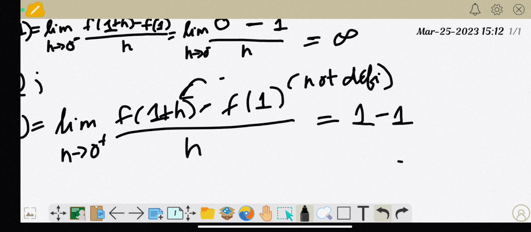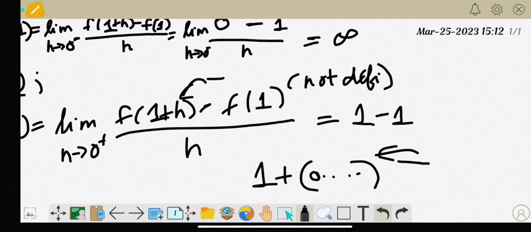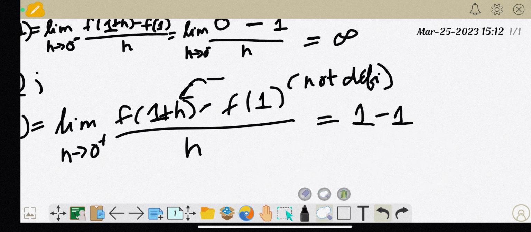So here it will remain as 1 itself. 1 plus h is a minute value, 0 point something, approaching from the right, a positive value. So it is 1 itself divided by h.